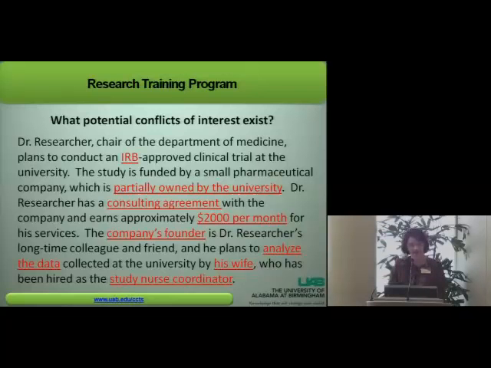The PI has a financial relationship with the sponsor as well, and may be perceived to lean toward favorable results for the study to keep that relationship going.